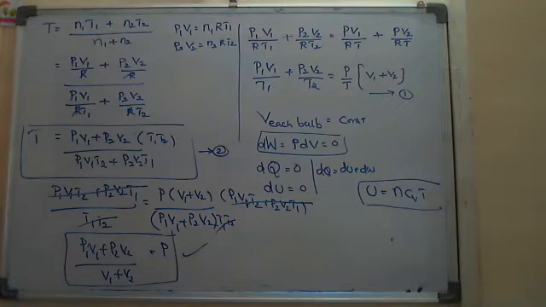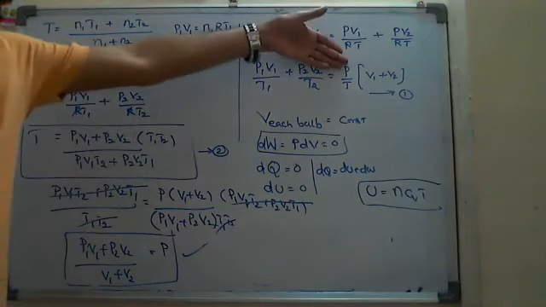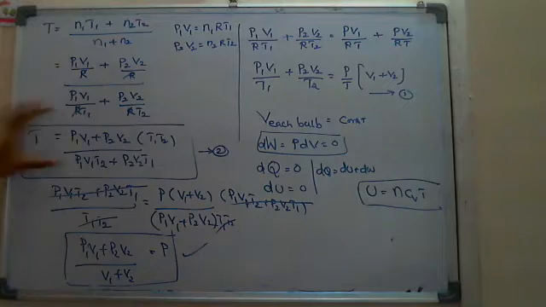Common pressure is the same: (P1 V1 plus P2 V2) by (V1 plus V2). In numericals, just use this equation, substitute there, and you will get the common temperature without remembering the other equation. This is the story when the temperatures are not equal. Any doubt in this concept?